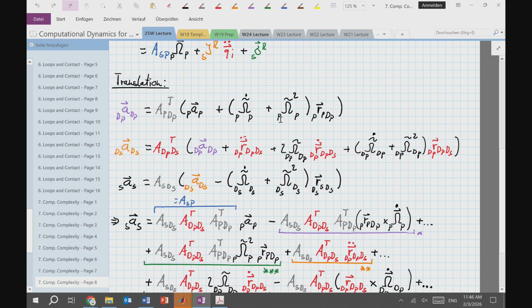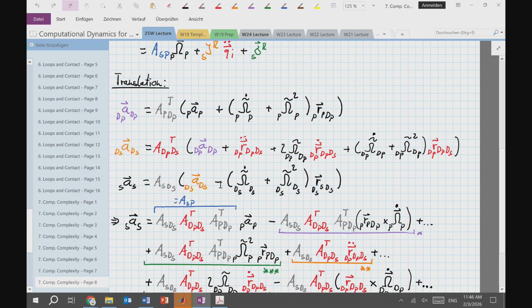I provided it here in case you ever want a record of this, but we basically had these 3 steps where we go from predecessor to predecessor joint coordinate system, predecessor joint coordinate system to successor joint coordinate system, successor joint coordinate system to successor center of mass.